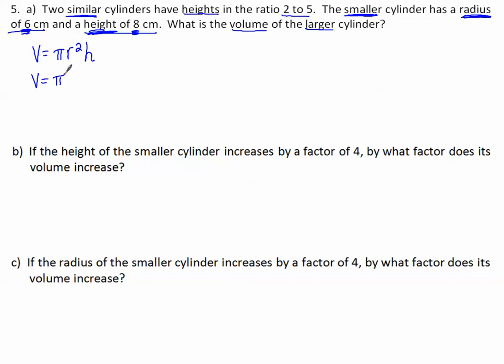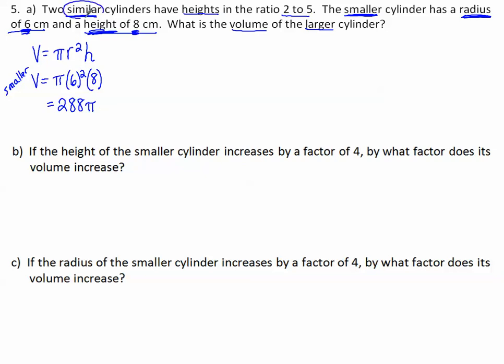So the smaller volume is pi 6 squared, height is 8. Now again, because this is not our final answer, we're not going to type in the pi. We're just going to say 6 squared times 8, 288 pi. We don't want a decimal until the very end. Even then, sometimes we don't always write the answer as a decimal.